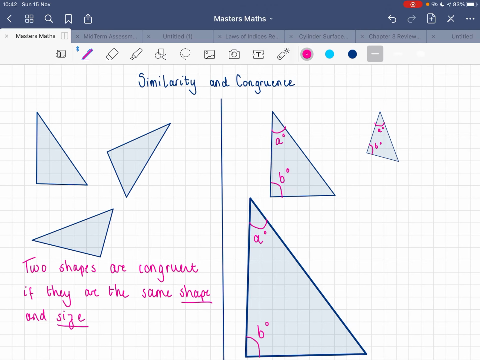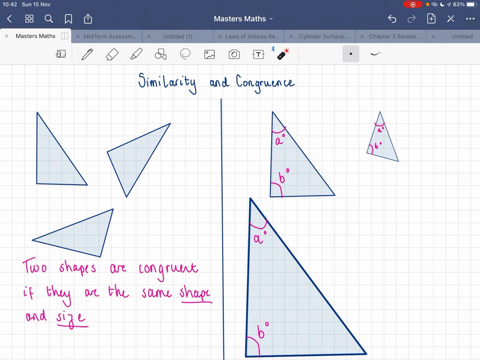These 3 shapes on the other side of the page are similar. They are the same shape, but they are just enlargements of each other. And the really important thing to notice is that the angles within the shape remain the same. So even though the sides are bigger or smaller, the angles within the shape stay the same. They are the same shape, just not necessarily the same size.